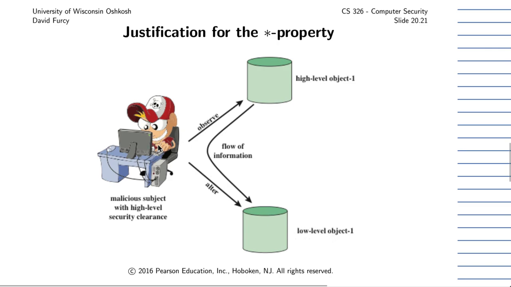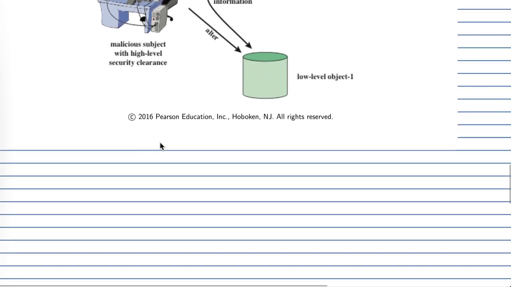The reason this makes sense is that if this person were able to write documents with a lower classification than their own clearance, they could access highly classified documents and copy them down to a lower level of classification, which would leak this classified document to people with a lower clearance than themselves. So that's the justification for the star property.